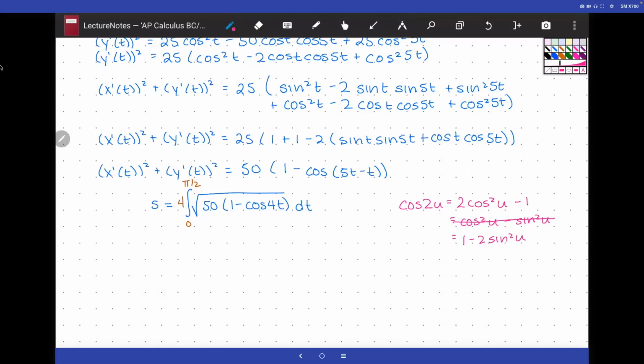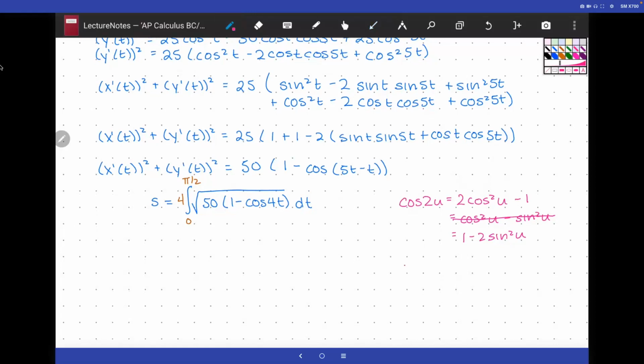So let's see. If we solve for the squared term, let's see what we're left with on both of them. So on the top one, if we solved for the squared term, what would we be left with? So 2 cosine squared u equals, add 1 onto both sides. You get cosine 2u plus 1. So this guy rewrites to that.